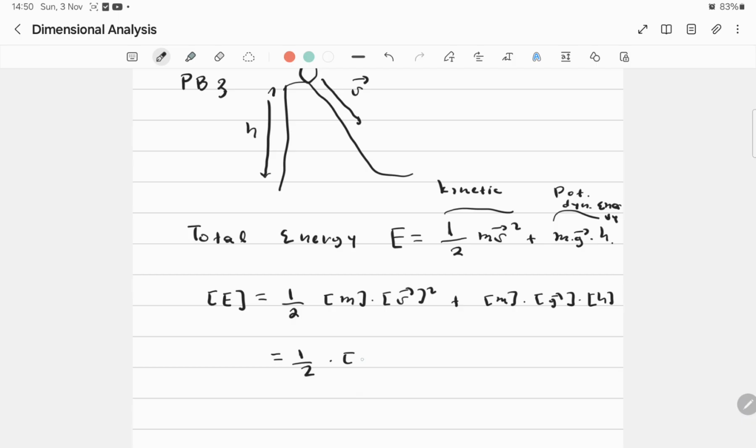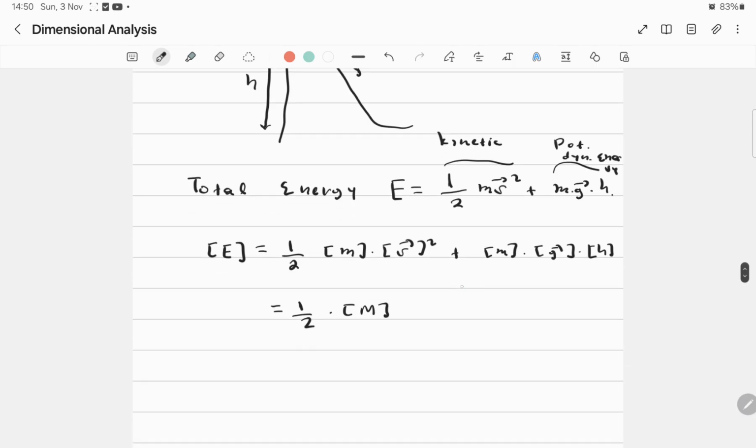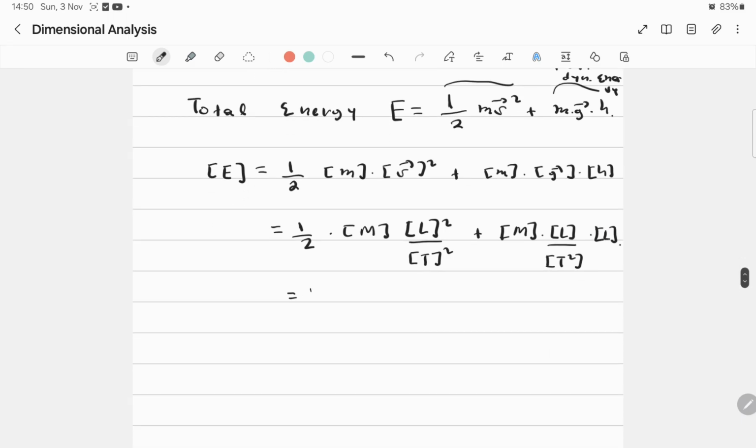It's a half times capital M, and here we have L, distance divided by time, and of course this goes squared, plus the mass m times L over t squared times L. That's a half times m L squared t squared plus m L squared t squared.